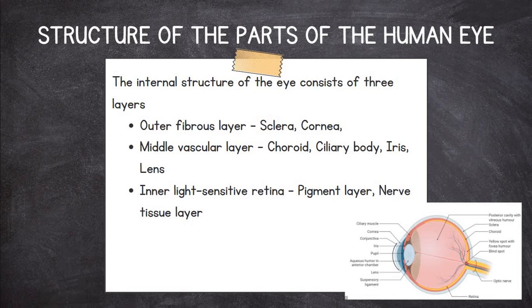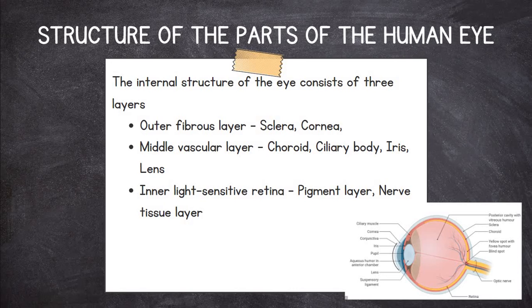So the internal structure of the eye consists of three main layers. So those layers are the outer fibrous layer, and this is made up of the sclera and the cornea. So the layers here on the outside in this light bluish grayish color. Then we have the middle vascular layer, which is made up of the choroid, the ciliary body, the iris, and the lens.